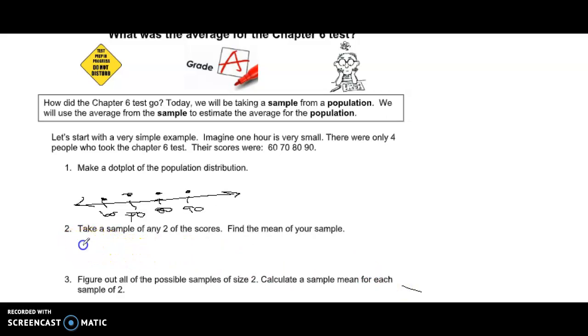So I'm going to say that my sample is the 70 and the 90, which means that my mean, I'm going to use the same symbol that's on the calculator, would be, okay, 70 plus 90 is 180. No, it's not. It's 160 divided by 2 is 80.